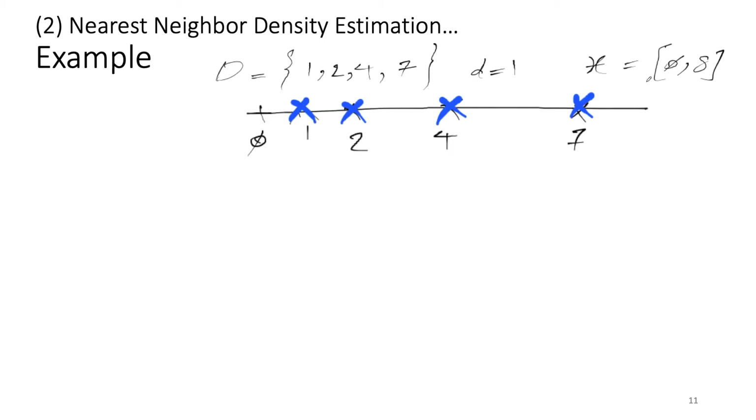So your data would be like this. You have 4 points, 1, 2, 4, and 7, only one dimension. You want to apply nearest neighbor to find the density of this data. Suppose k is equal to 2. Or let me just give you the example for k equal to 3 because it's easier, and then we go back to 2.